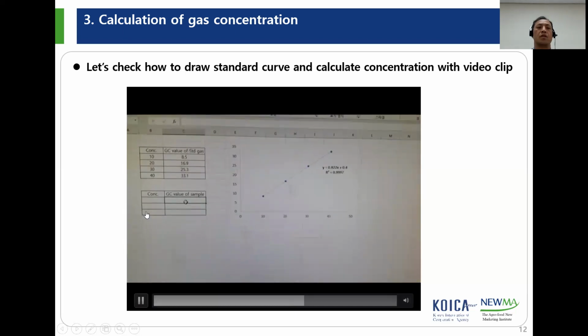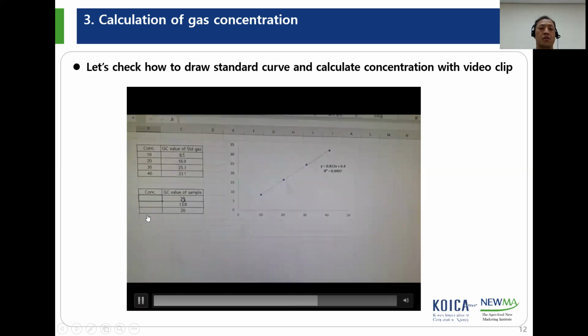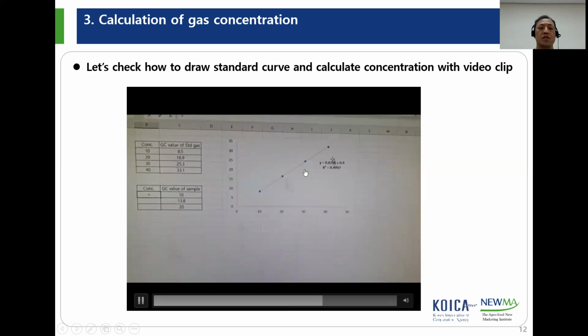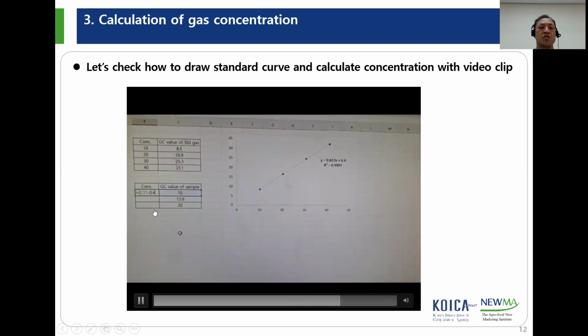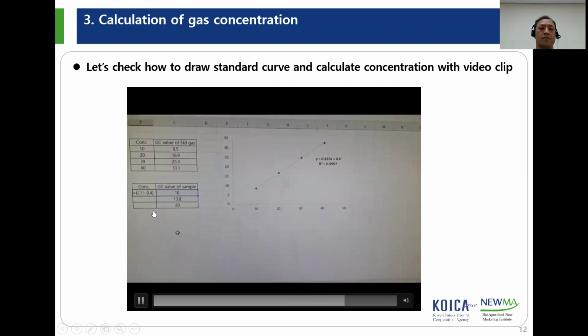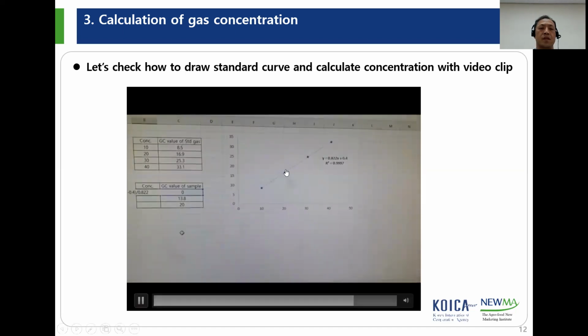So we have an unknown concentration. We have an unknown sample. So with this equation, we can calculate the unknown gas sample. So we can figure out the concentration. Like this.